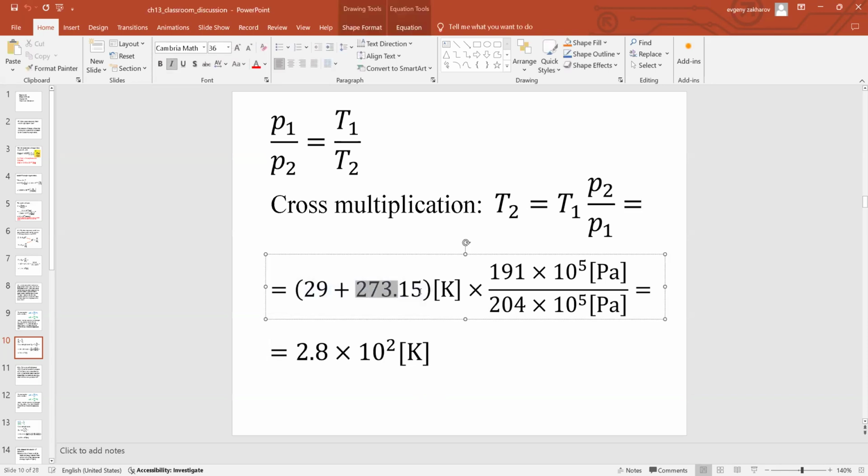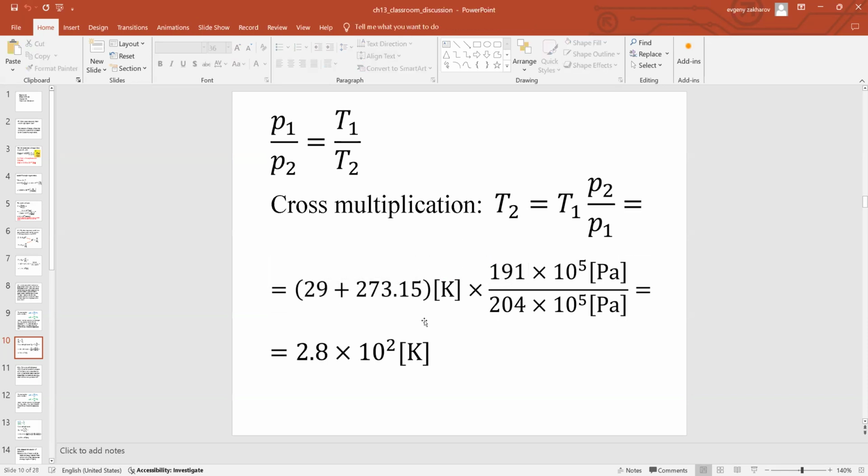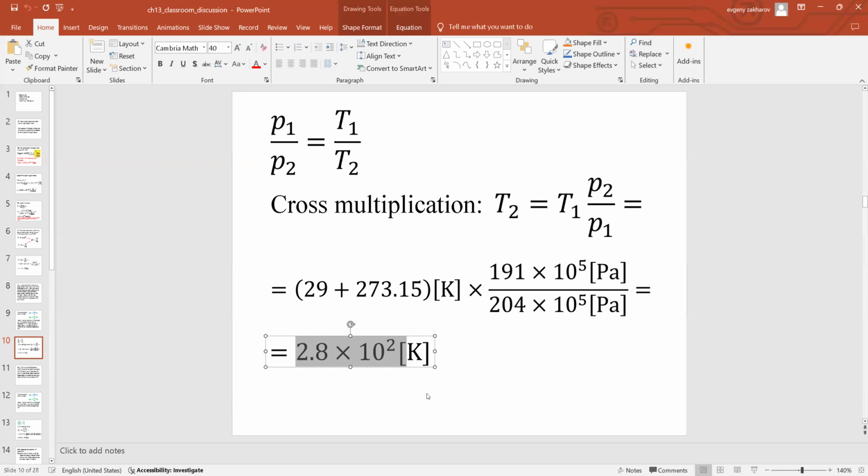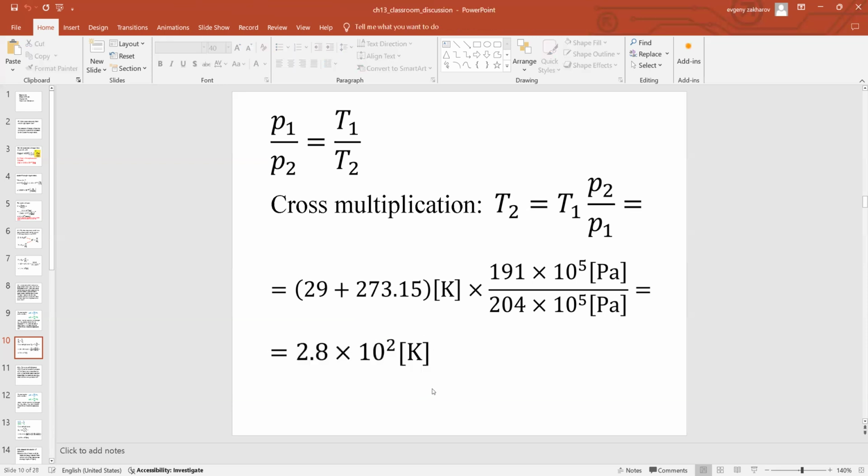Well, it's 273 for the conversion factor and 29. So it was like 300 and 2 degrees. Now it's 280. So there's quite a difference between ocean water and the air on the surface. So it's less, right?